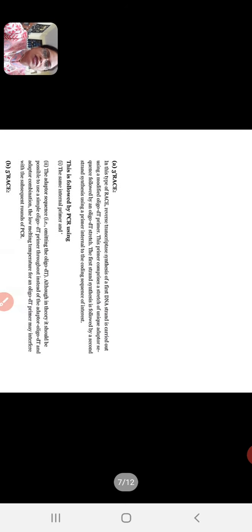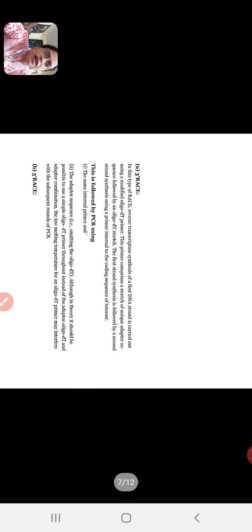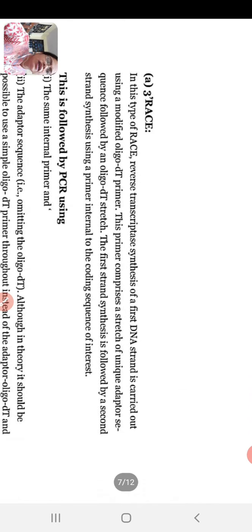Next, 3' RACE. In this type of RACE, reverse transcriptase synthesis of a first DNA strand is carried out using a modified oligothymidine primer. This primer comprises a stretch of unique adapter sequence followed by an oligothymidine stretch.